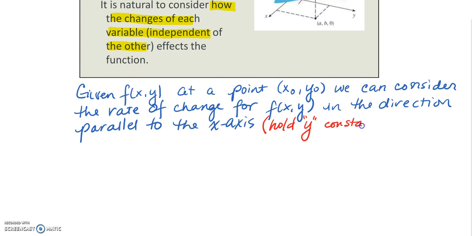In other words, we can't be moving parallel to the x-axis if we are not holding y constant.